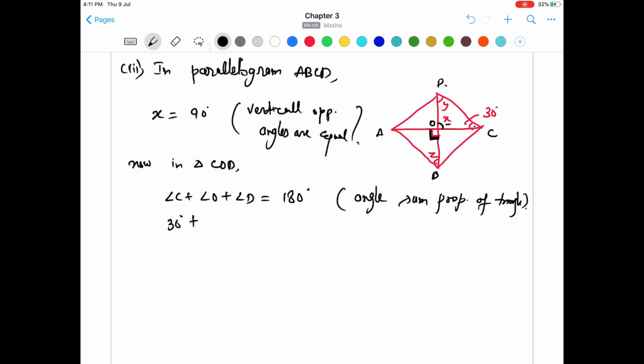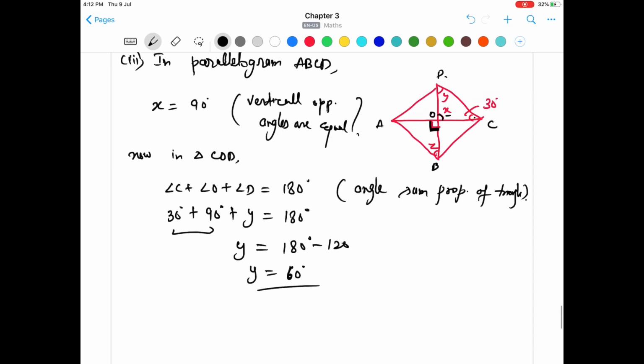Angle O we have calculated, which is x, that is 90 degrees, and angle D is y, equals 180 degrees. So 30 plus 90 will be 120. When you shift this 120 to the other side, it will be minus 120. So the value of y is equal to 180 minus 120, which is 60 degrees. So we got the value of y as 60 degrees.